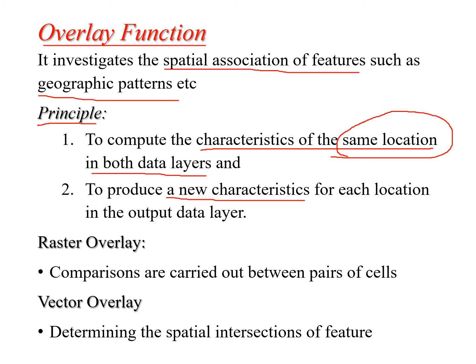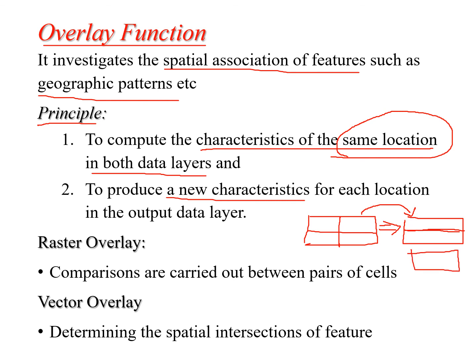Here, let us say there are four complete layers: 1, 2, 3 and 4. After doing the analysis, you may have either two, converting or transforming the four characteristics into two characteristics, either in this form or in these two forms.